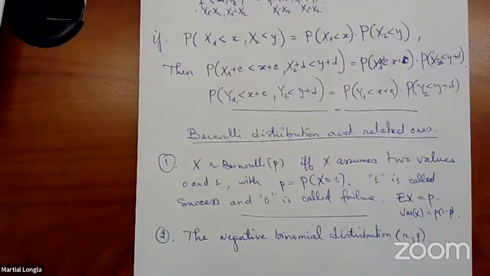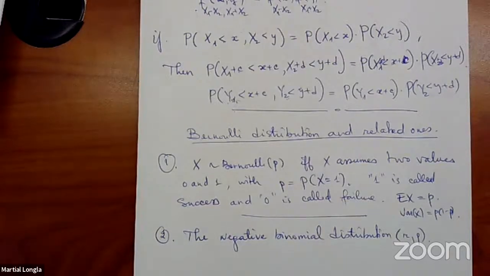Now, what we call the negative binomial distribution is something we have already encountered in one problem. It's when you are repeating that Bernoulli experiment, but you're not just counting the successes, you're counting the failures.